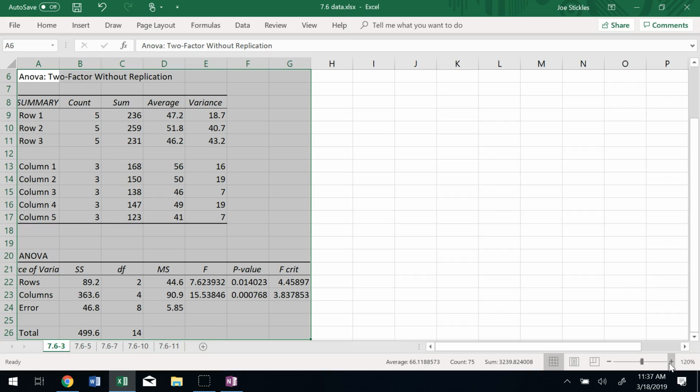All right, so down here is our actual analysis of variance. This row, the 89.2, that's SSA. Your 363.6 is your SSB. And the 46.8 is your SSE.